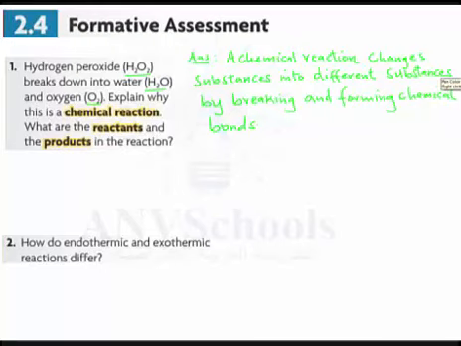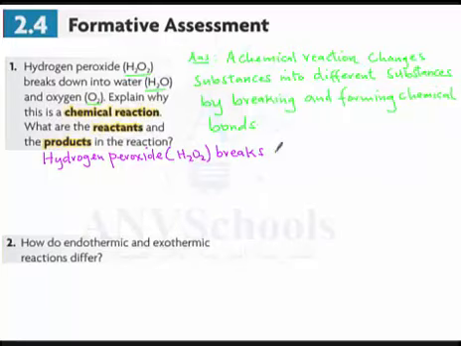So hydrogen peroxide breaks down into water, H2O, and oxygen.